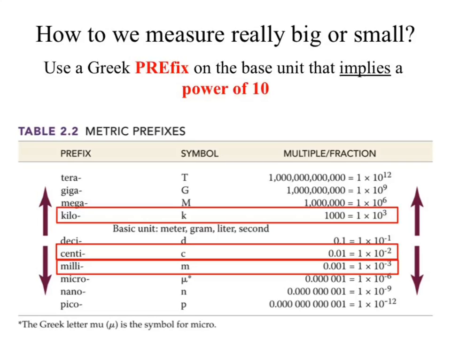If you do not have those prefixes memorized by the end of the semester, you will not pass the class. There's probably other reasons why you wouldn't pass the class if you didn't memorize these. So these absolutely you need to know because you will use these 3 quite frequently. The rest of them do show up, particularly in questions in your textbook, but much less frequently. Questions about that?